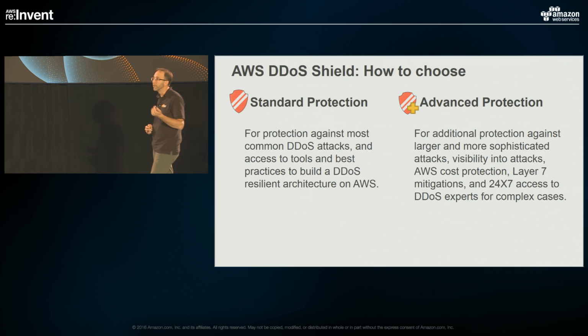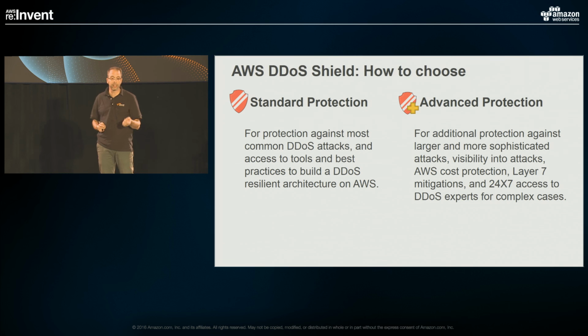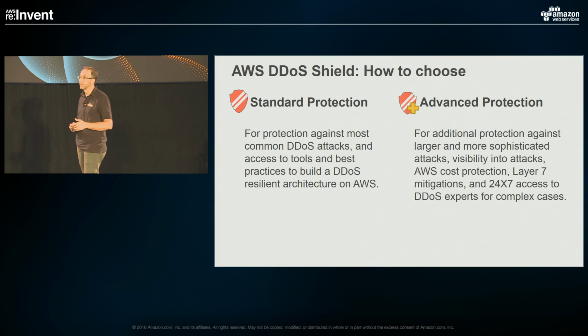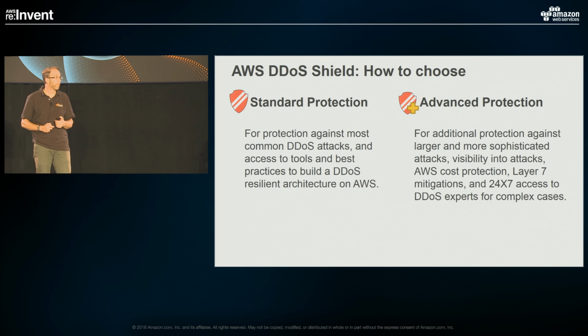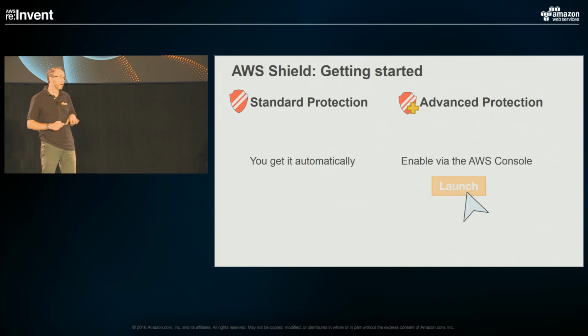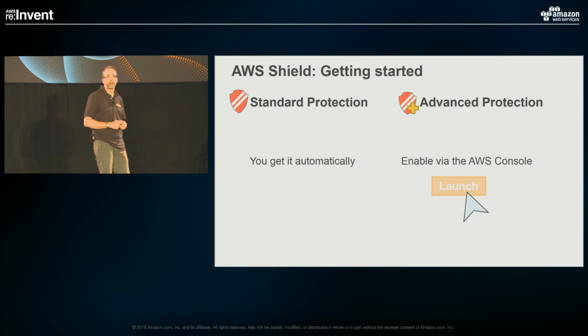If you're a customer who feels like you need the additional protections and you need some of those other features like the visibility, the access to the DDoS response team, the cost protections, then AWS Shield Advanced is probably the right choice for you. And so, again, how do you actually get started with it?